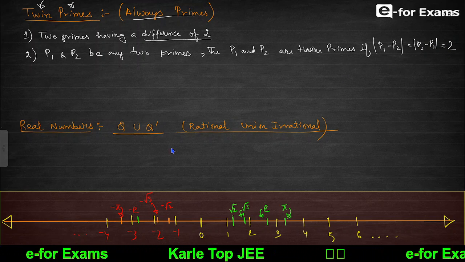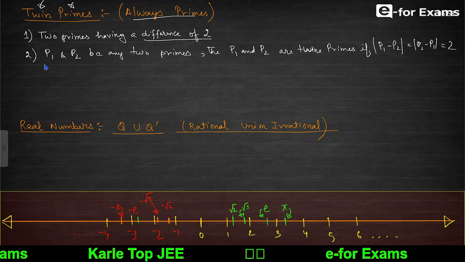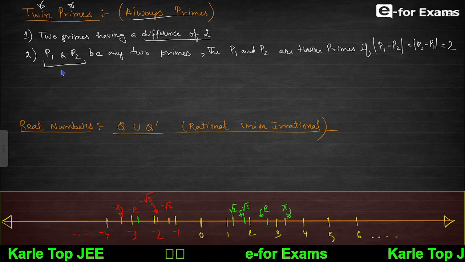If their difference is 2, then we call those 2 primes twin primes.